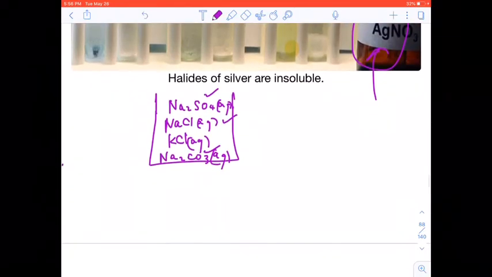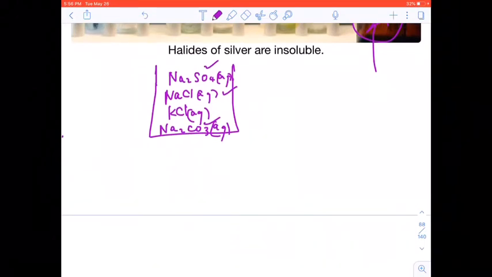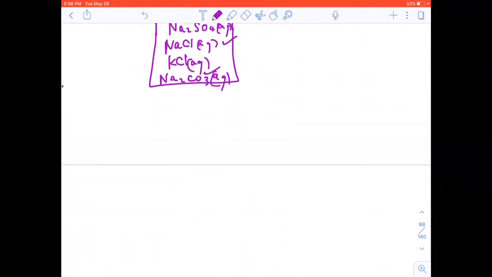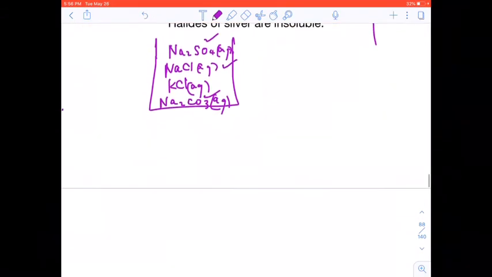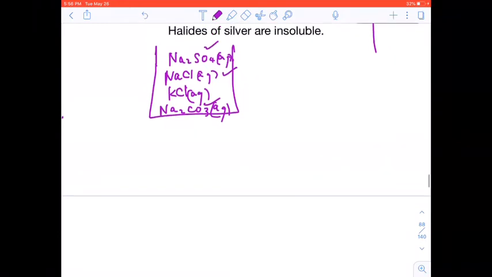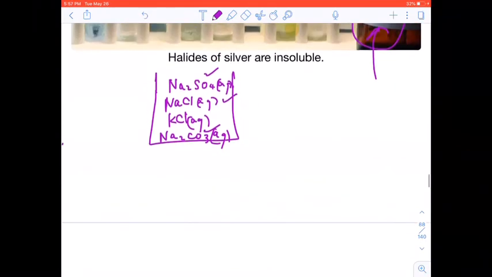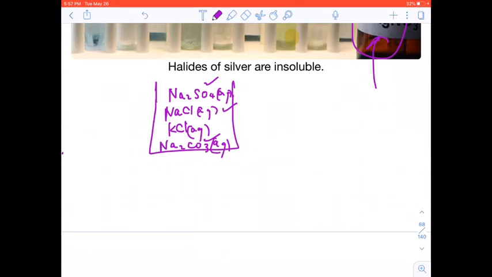So let's say, for instance, now we want to know if we have a sodium chloride in solution here.